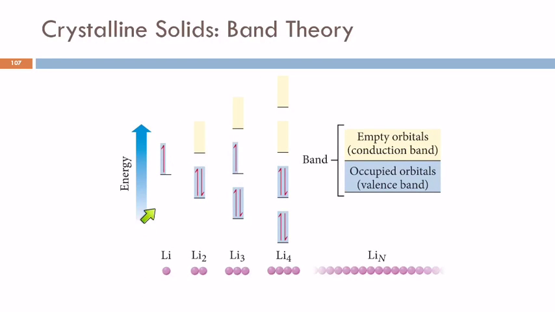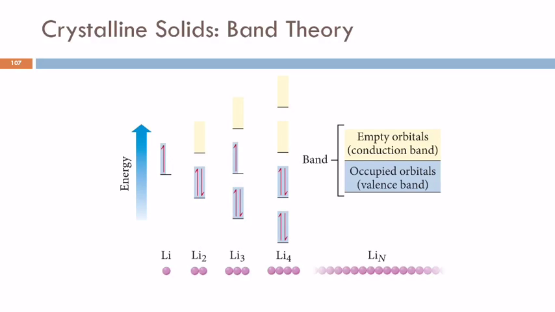So here is the valence orbital for 1 lithium atom. As we combine 2, 3, 4, we're going to see that the splitting between the bonding and the antibonding is going to get closer and closer together.